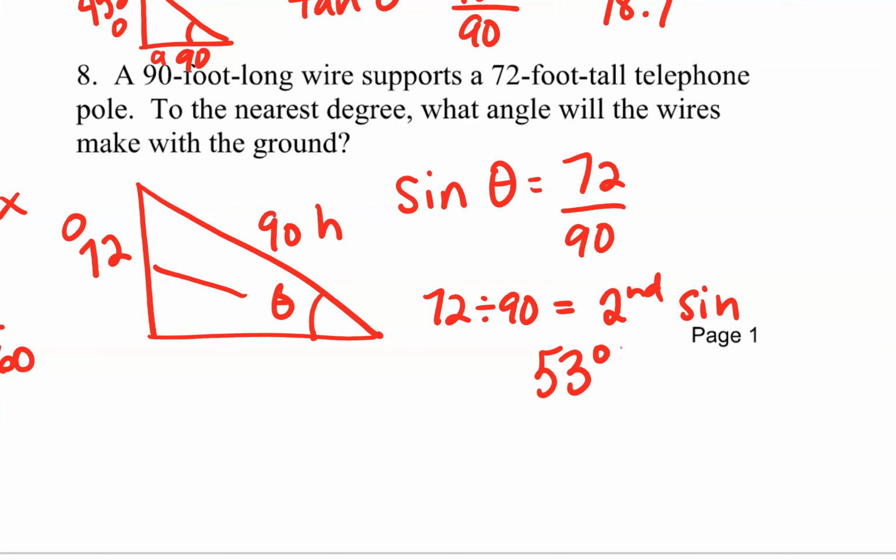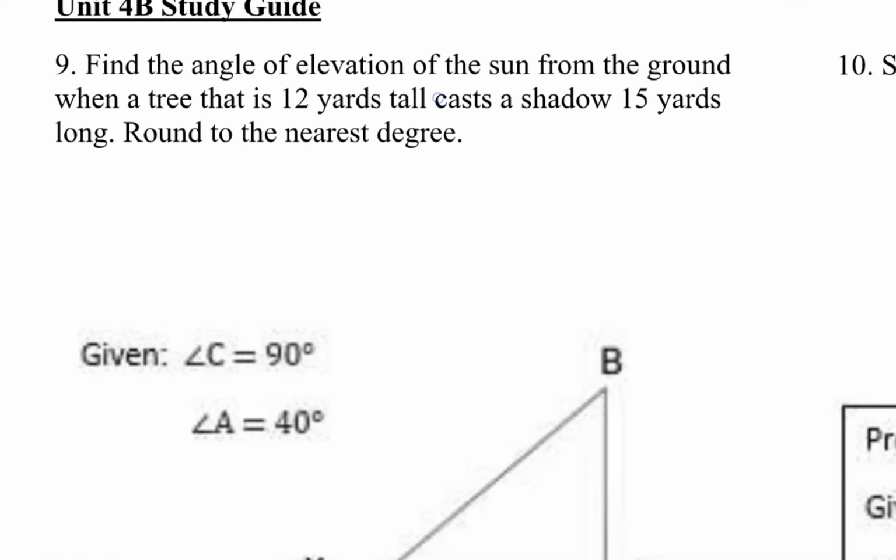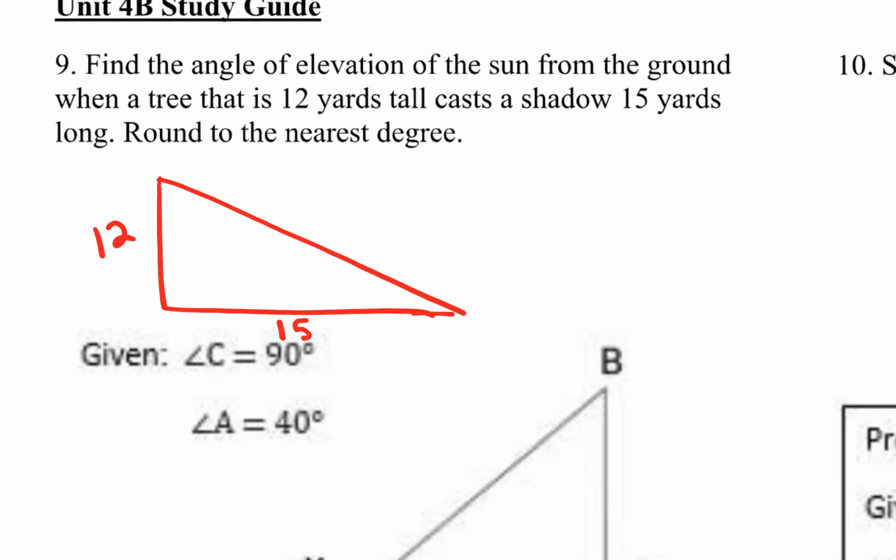All right, to the back page. We got a tree, 12 yards tall, cast a 15-yard shadow. What is the angle of elevation that the sun makes with the ground? Missing angle, inverse trig.